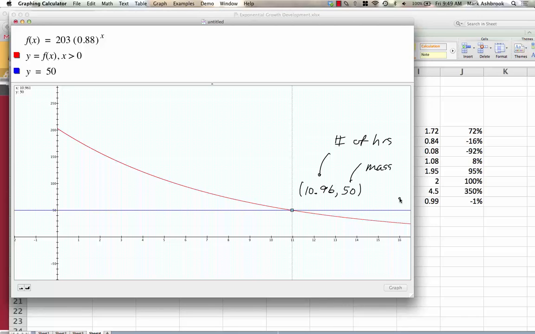Remember what a point on a graph represents. It represents two values taken together. In this case, a number of hours, input, and the corresponding mass at that time, output. Every point on a graph gives you two values taken together.